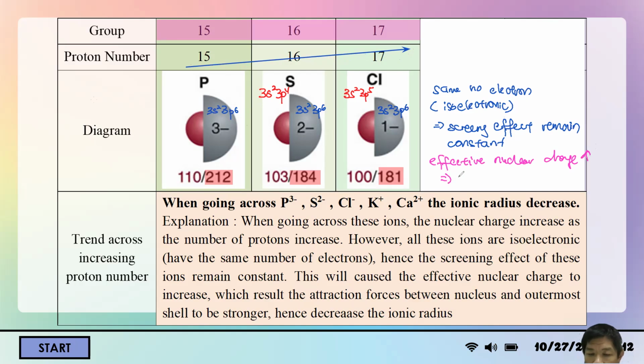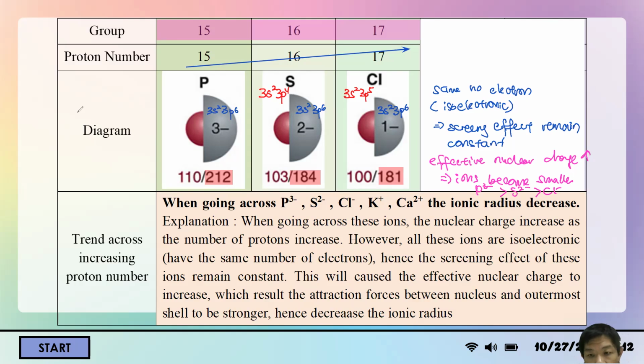So therefore, the ions become smaller, from P3- to S2- to Cl-. So this is from the perspective of negatively charged ions.